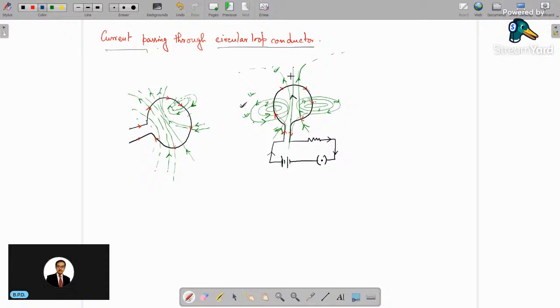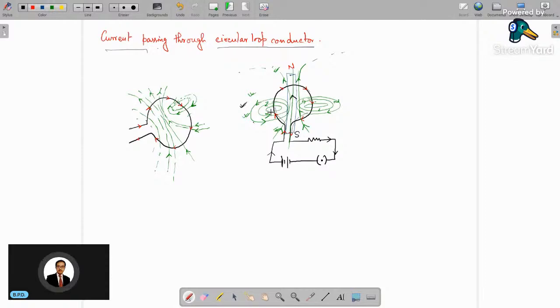If we consider a rough magnet through this, then we will observe that the point where the field is exiting will exhibit a north pole, and the point where it is entering will exhibit a south pole. Okay, it will exhibit the north pole and south pole of a magnet.